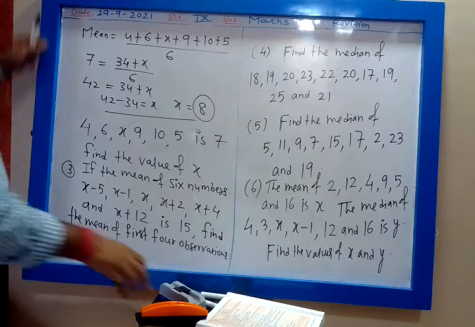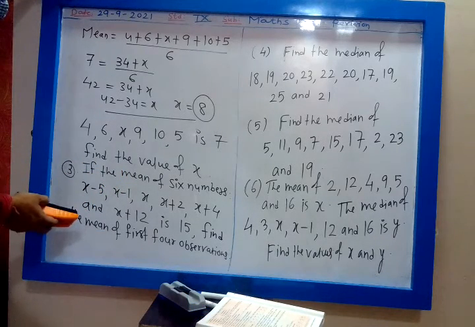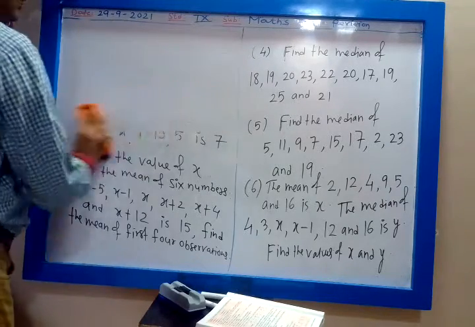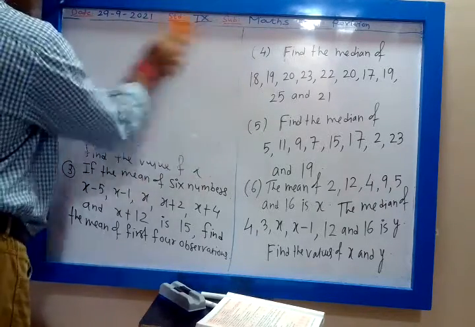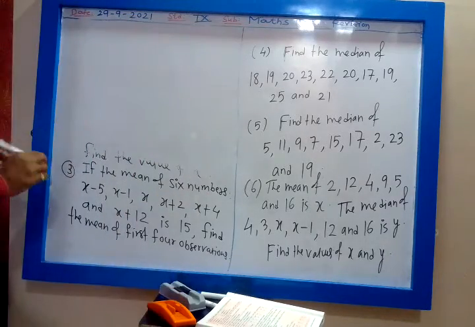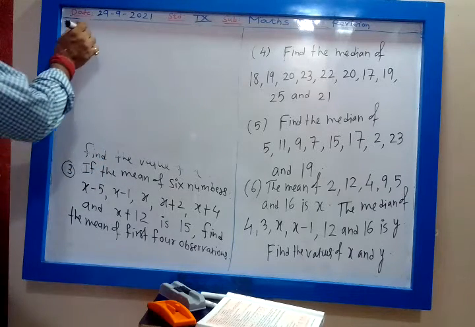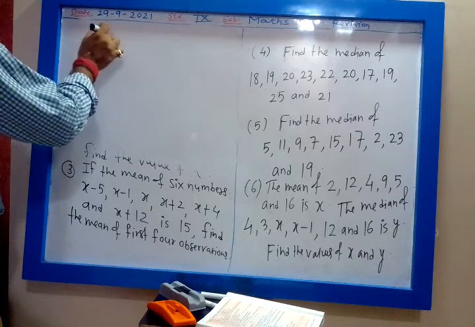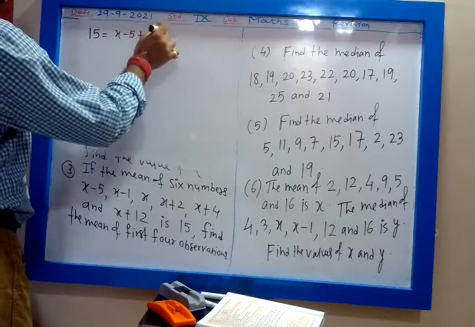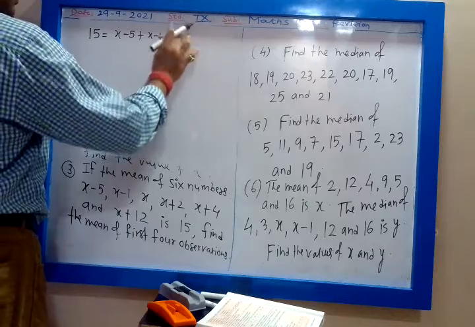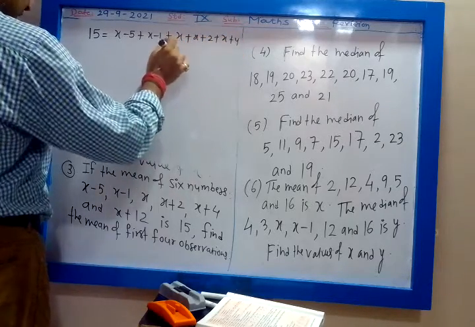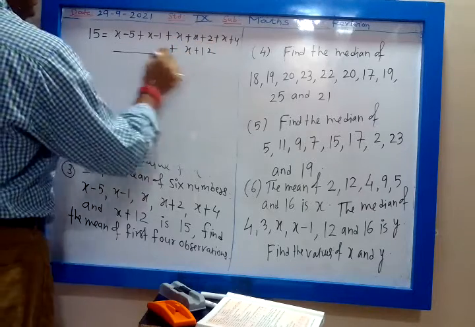Third is 12. Okay, let us see. The mean of 6 observations is 15. Find the mean of first 4 observations. So first you will find the value of x, then with that value of x you will get the first 4 observations. So mean is given 15. Mean is equal to x minus 5 plus x minus 1 plus x plus x plus 2 plus x plus 4 plus x plus 12, divided by how many values are given?